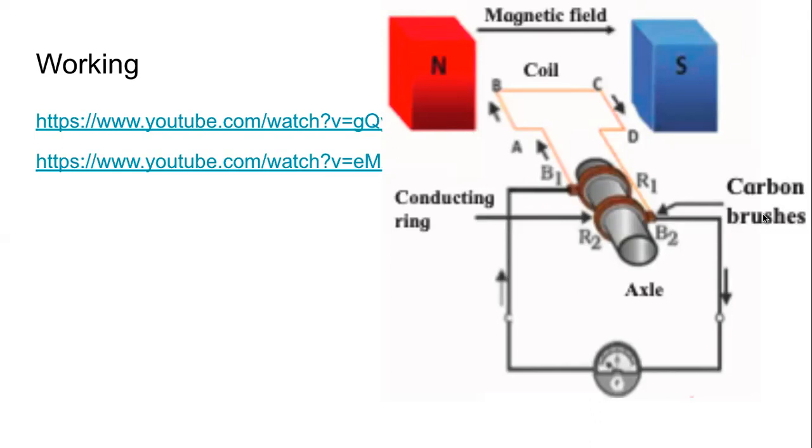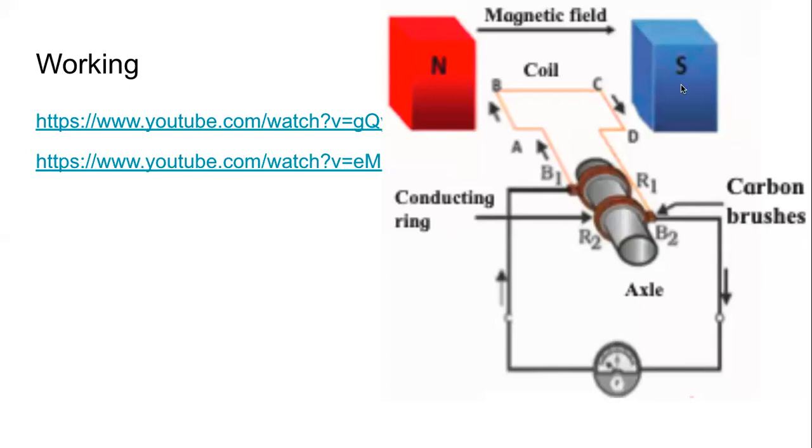Right? So suppose we are moving this armature, this coil, in the clockwise direction. Clockwise means like the hands of the clock. So if we use our Fleming's right hand rule, our magnetic field is from north to south. We are moving clockwise, so the arm AB will move up.